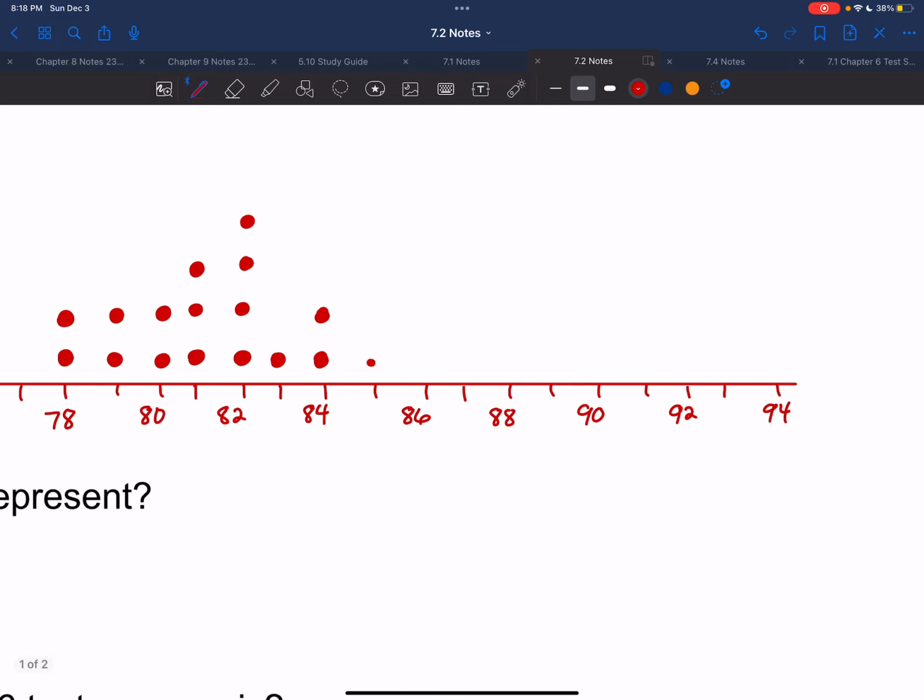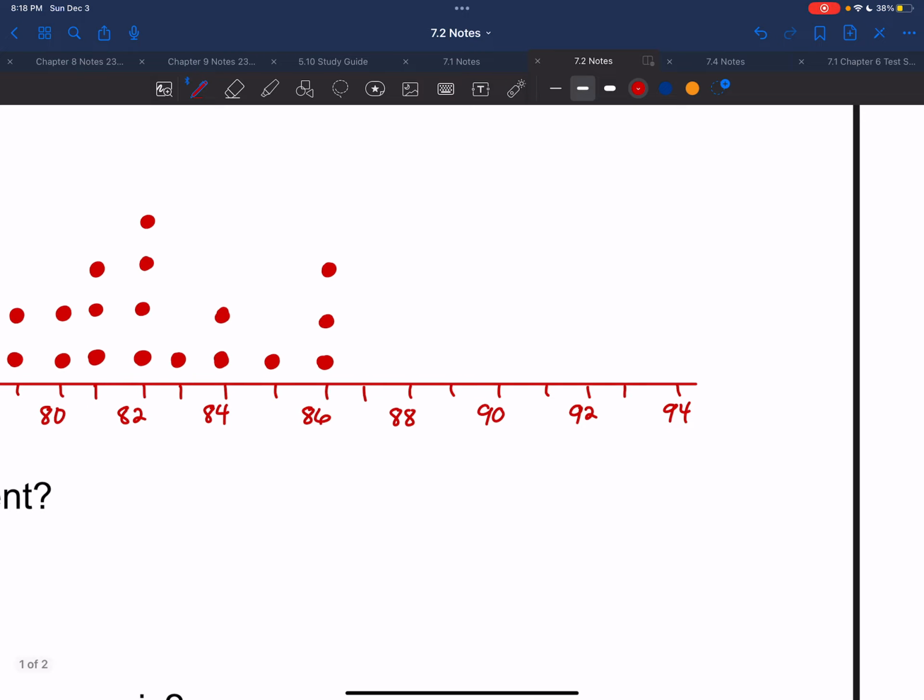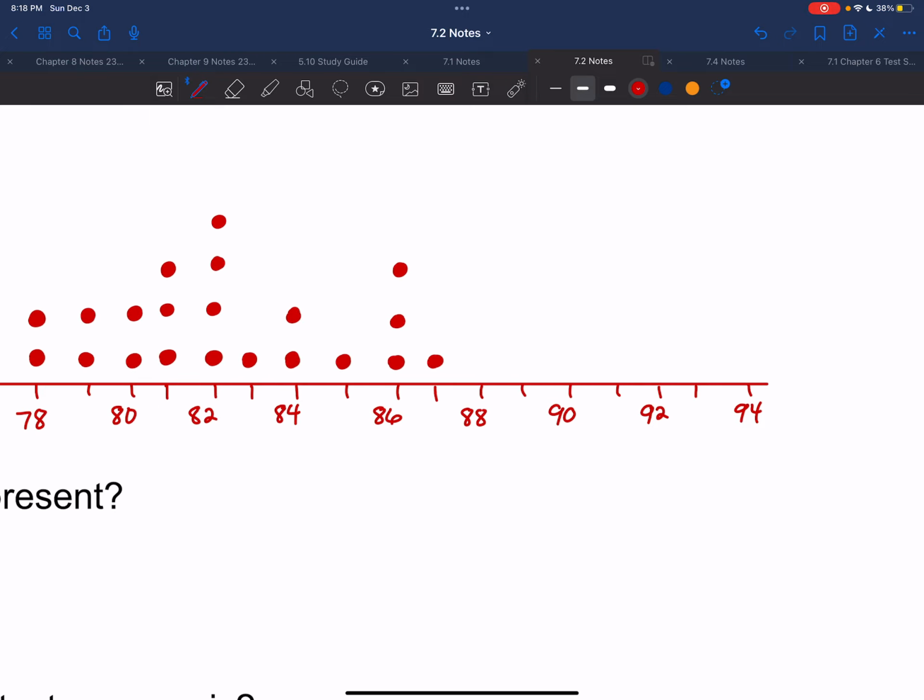One at 85. Three at 86. One at 87. Two at 88. One at 90. One at 92, and one at 94.